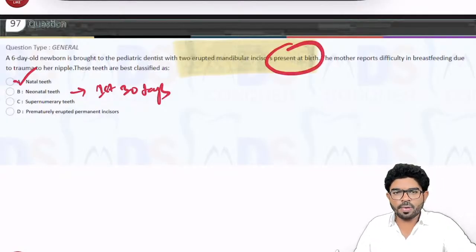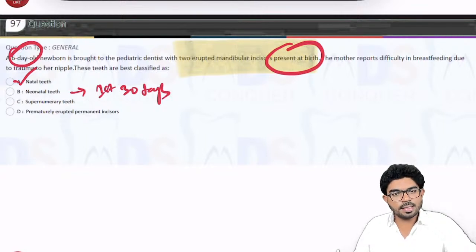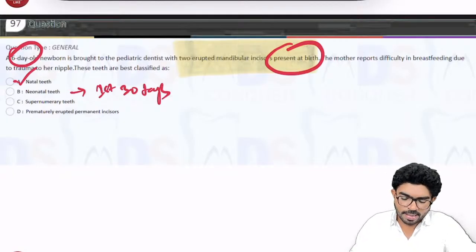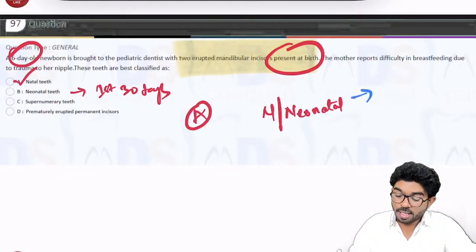A few people were confused, telling that it was 6 days old. Yes, then the answer would be neonatal, but you should be very, very clear: the answer is natal teeth. Most of these natal or neonatal teeth, again a question repeated so many times, are your mandibular incisors.